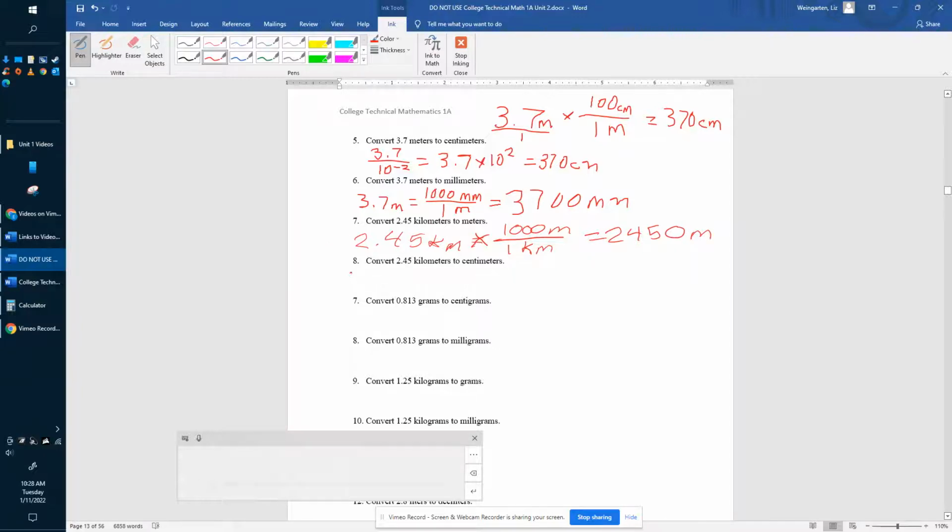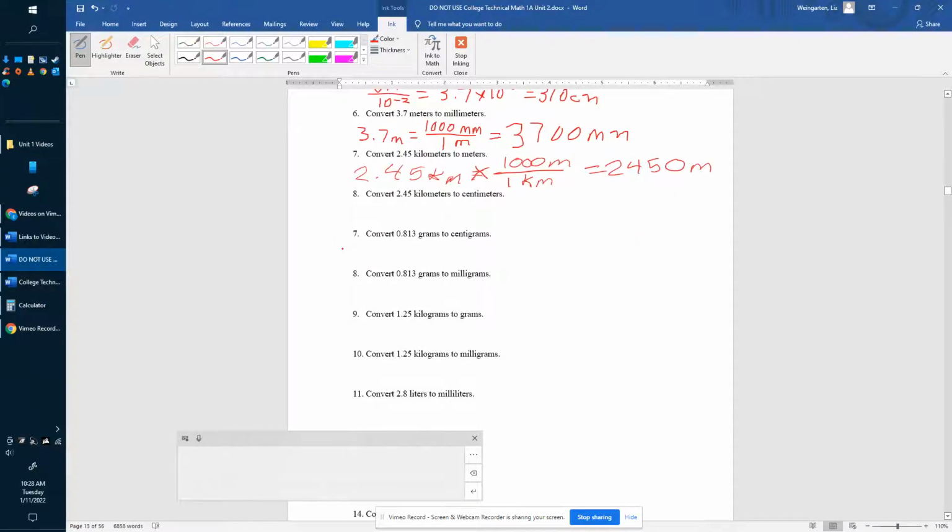Now let's convert kilometers to centimeters. 2.45 kilometers. Now it's not intuitive for me how many centimeters are in a kilometer. So I'm going to start by converting it to meters again.